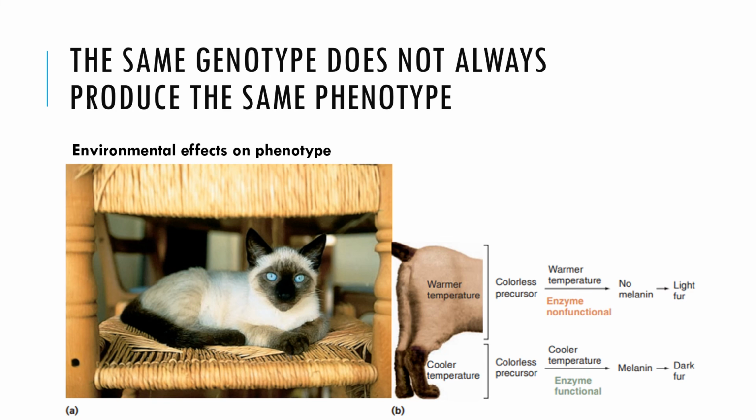Temperature is one element of the environment that can have a visible effect on phenotype. For example, temperature influences the unique coat color pattern of Siamese cats. These domestic felines are homozygous for one of the multiple alleles of a gene that encodes an enzyme catalyzing the production of the dark pigment, melanin.